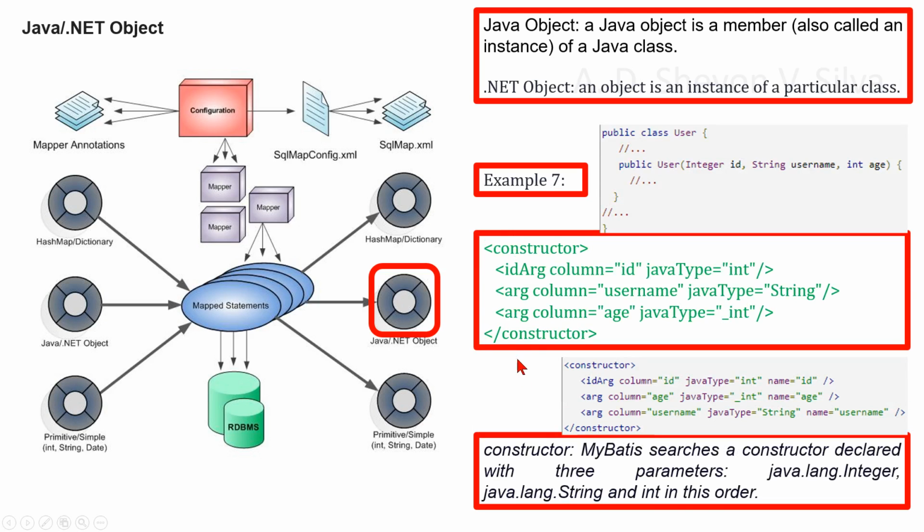Now we are considering constructor. MyBatis searches for a constructor declared with 3 parameters, java.lang.Integer, java.lang.String, and int, in this order. While properties will work for most data transfer object, DTO, type classes, and likely most of your domain model, there may be some cases where you want to use immutable classes.